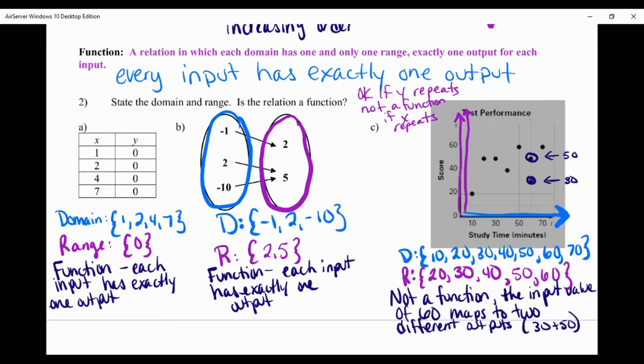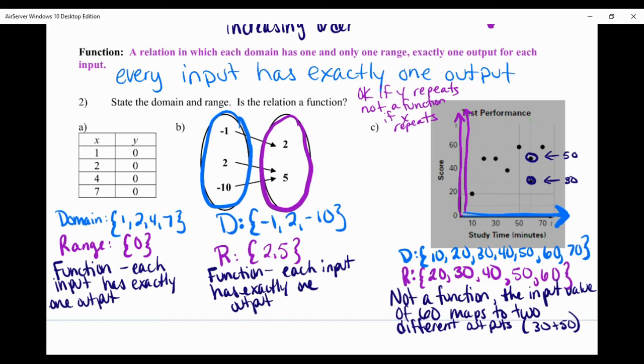Now, it would be okay if I have two buttons that have a Sprite on them. So two inputs map to the same output. That is okay. It is not against the function rules that I can have two different Sprite buttons. It's a really popular soda, two Sprite buttons, and they both come out with Sprite. Nothing wrong with that.